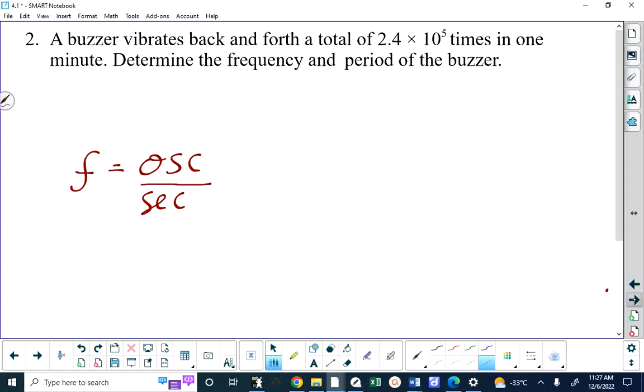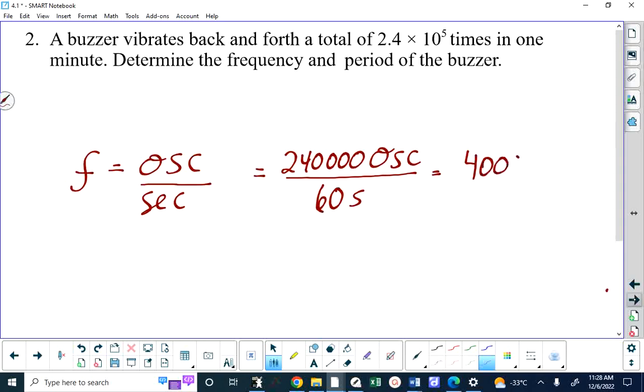And this is making 240,000 oscillations, buzzes, back and forths in 1 minute, which is 60 seconds. So it's just a matter now of dividing those numbers. 4,000. And we would write that not as oscillations per second. You would probably just write hertz.